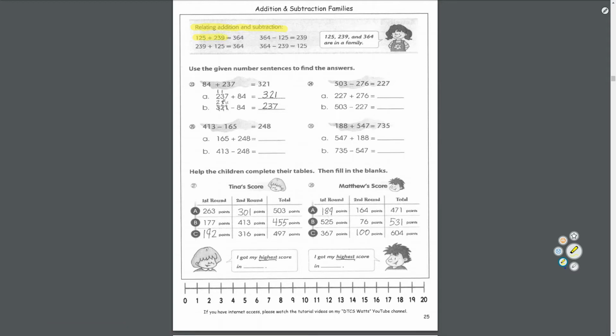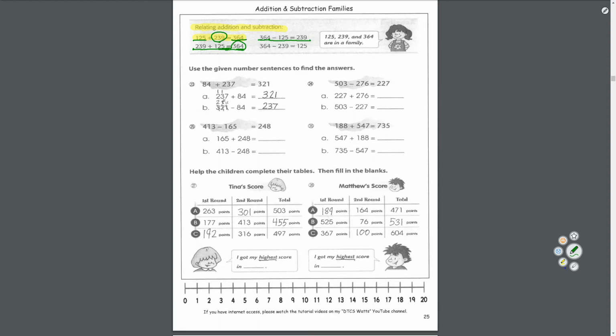125 plus 239 equals 364. And if you look at these numbers, 364 and 125, if we take away 125 from 364, it equals 239. That's why it's a family. Now down here, 239 plus 125 equals 364.